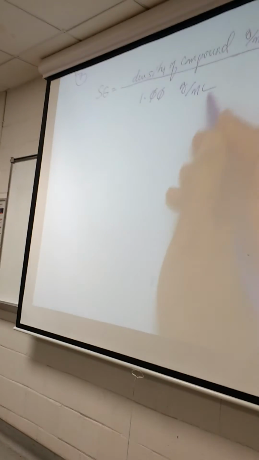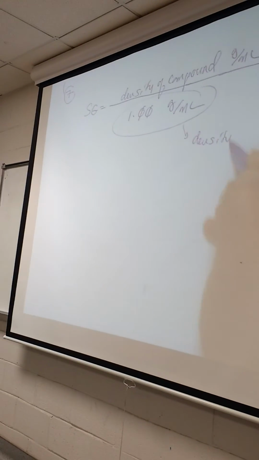If you look at the specific gravity, it is defined as the density of the compound, correct? Gram per mole divided by 1.00 gram per mole. This is the density of H2O at 4 degrees Celsius, the density of H2O as a reference. This is our reference, correct?